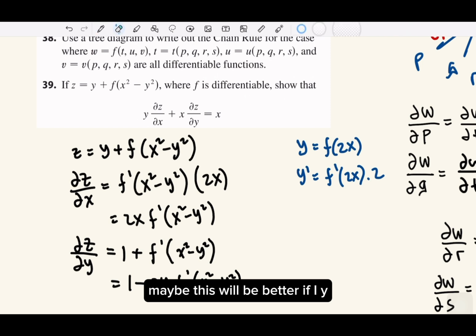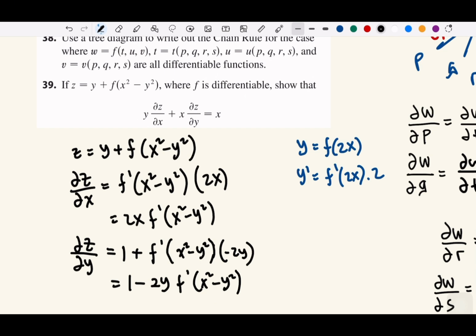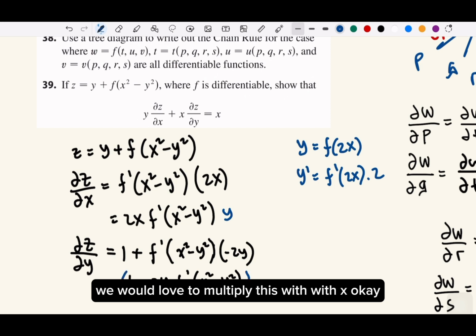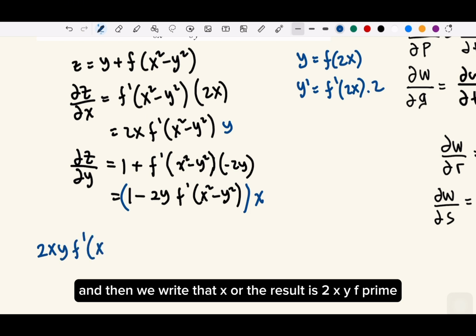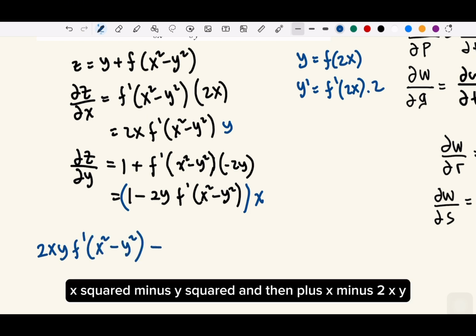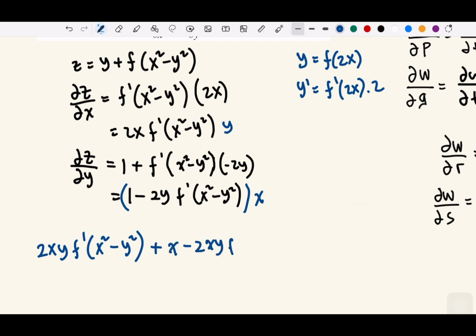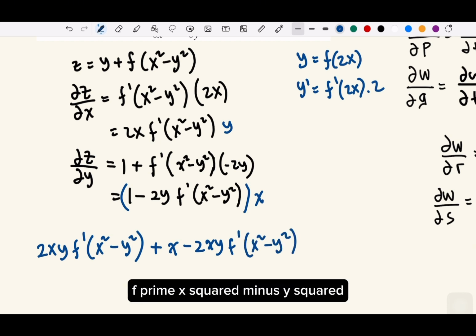Maybe this will be better if I write negative 2y like that. So we multiply this with y. We multiply this with x. Okay, and then the result is 2xy f prime x squared minus y squared, and then plus x minus 2xy f prime x squared minus y squared.